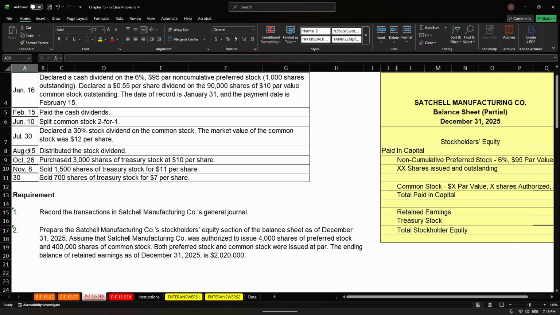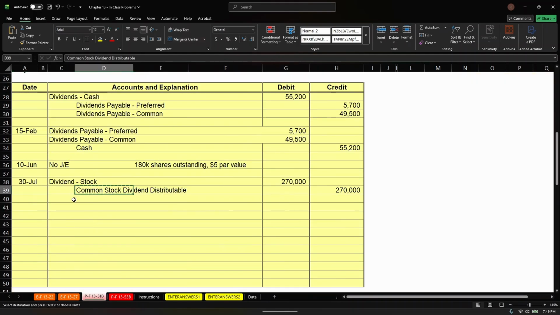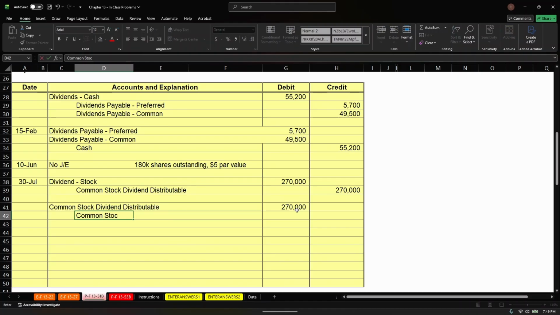Now we're going to actually pay it out. We're going to create those shares. So we're going to basically debit this, and we're going to issue the shares, common stock, $5 par value. And if you wanted to put how many shares that you're creating, the number of shares is, again, 180,000 times 30%.